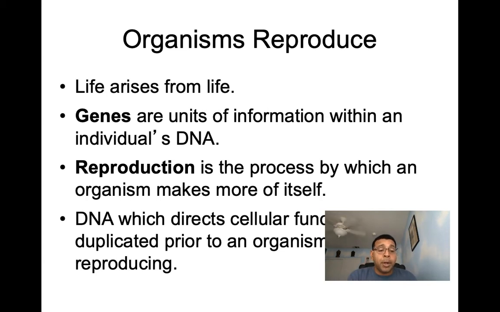Now, before reproduction occurs, DNA has to be replicated. DNA gets replicated so that exact copies of genes are produced. DNA contains the hereditary information that directs cellular functions and also life's activities.